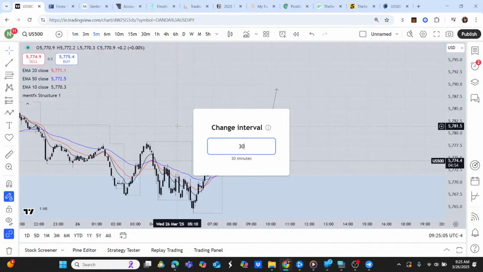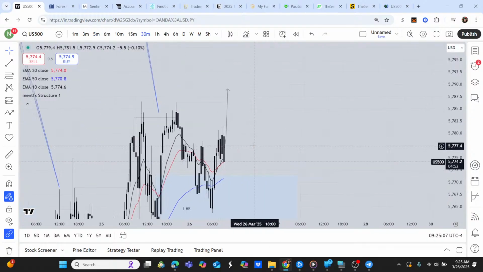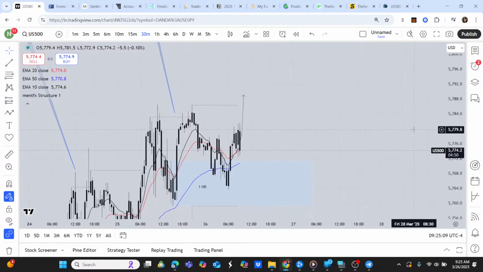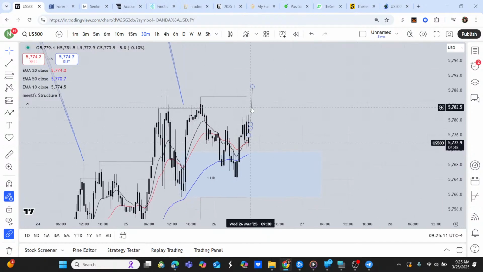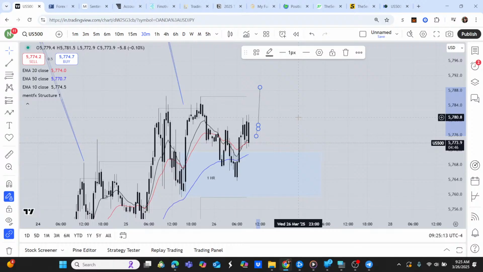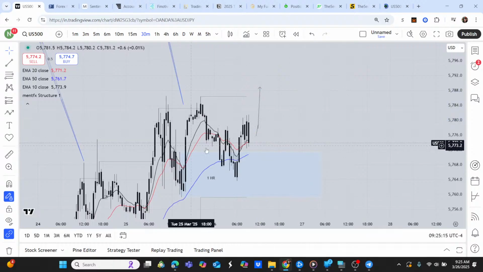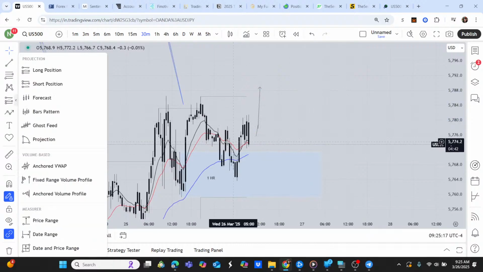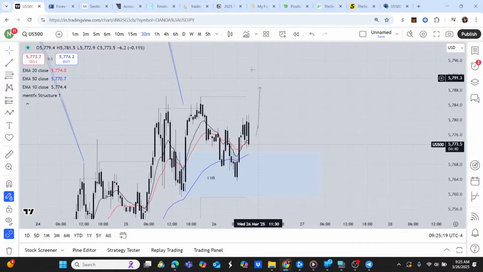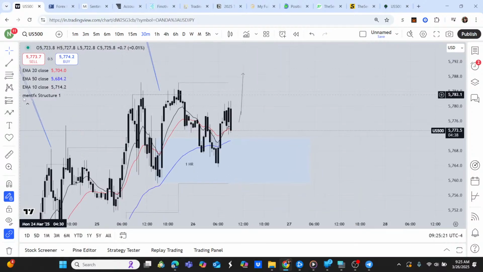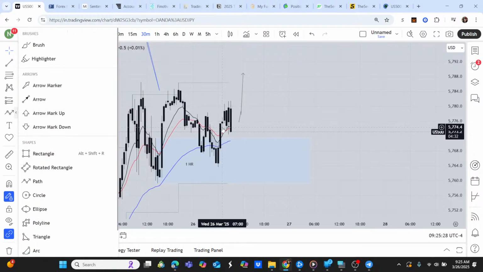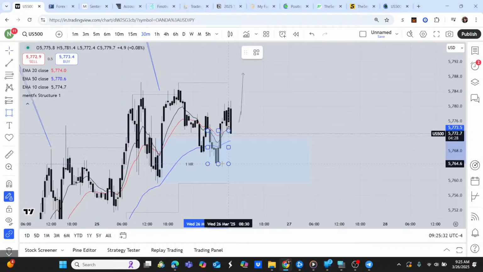Let me just quickly look at the higher, see where it's at. When you look at the higher time frame, you can see how fractal price is. This same move is basically an entry setup on this 30-minute, the same entry that I'm looking at on a lower time frame.